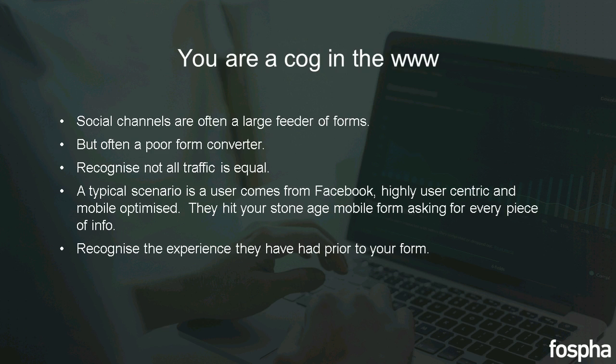I think just coming towards the end here now, a couple of things I'll finish up with is remember your site and your form and your journey is not in isolation, it's part of the web. So a classic one we see is that social channels are a phenomenal feeder of traffic to forms, but often a poor converter.